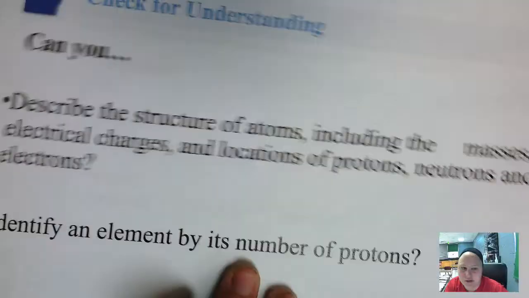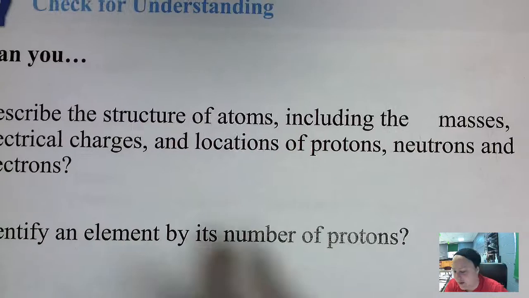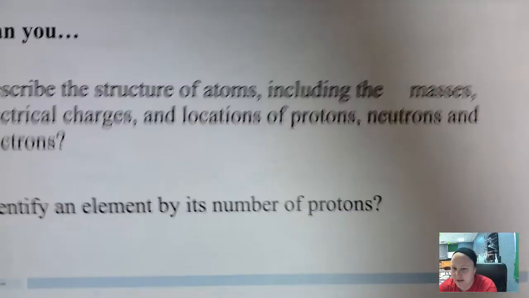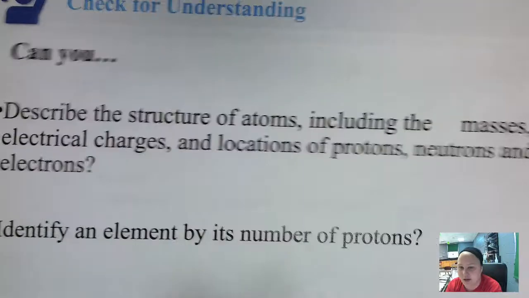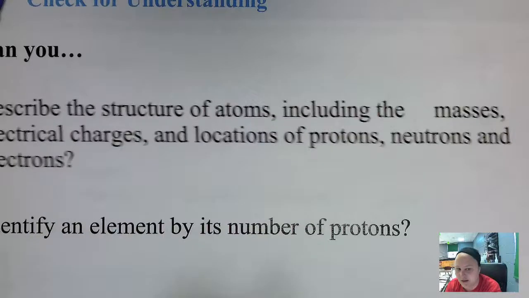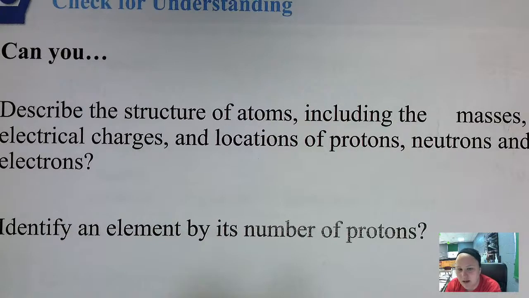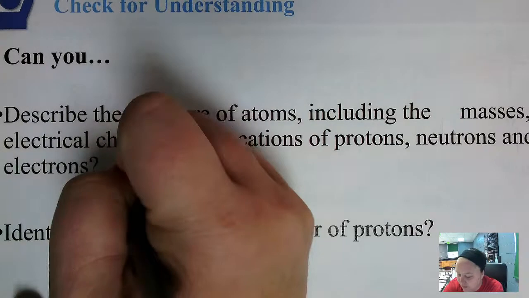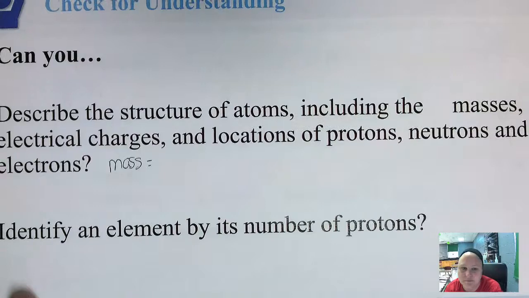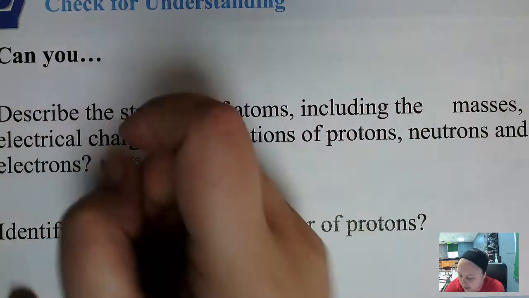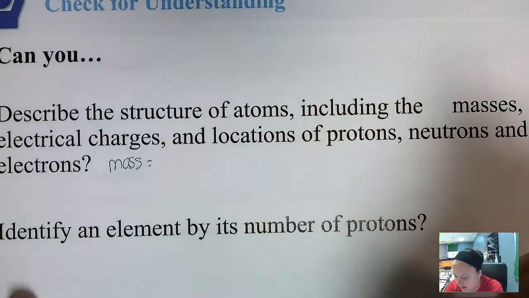Alright, so let's look for understanding here. Describe the structure of atoms, including the masses, the electrical charges, and the location of protons, neutrons, and electrons. So, what makes up the mass? Where are protons located?